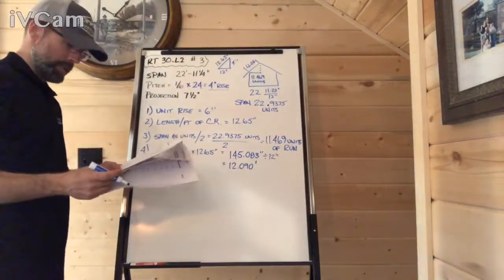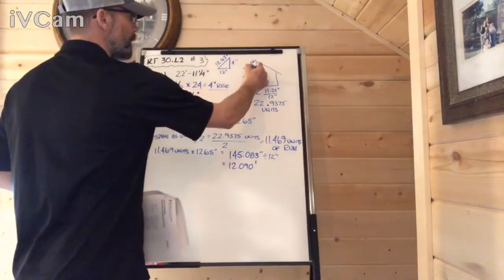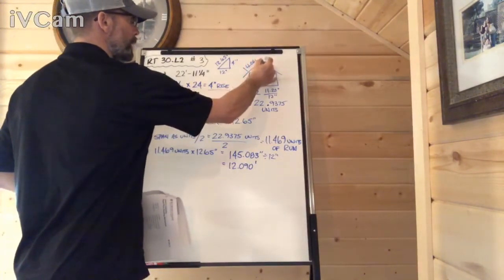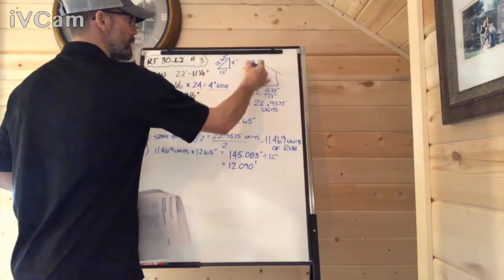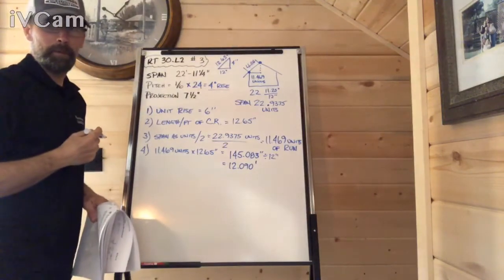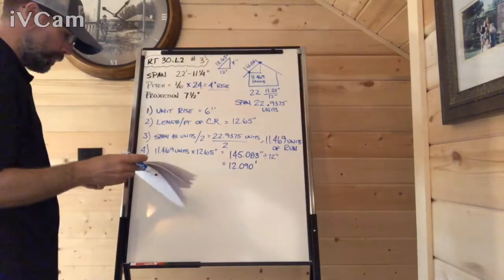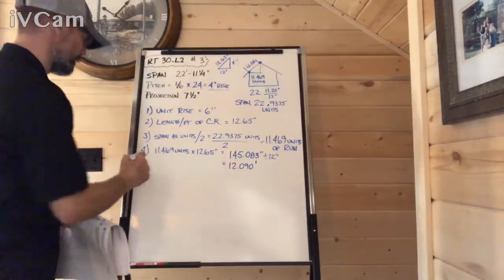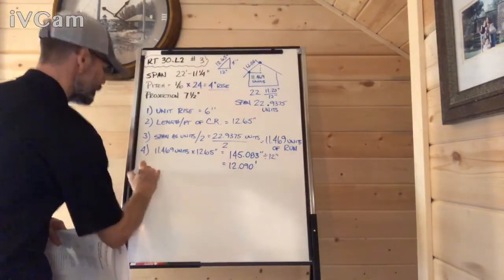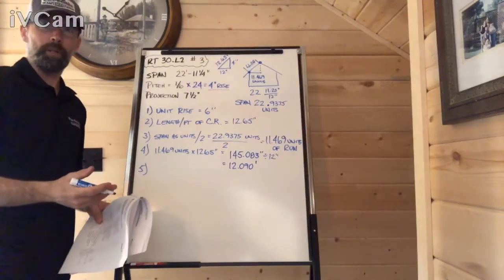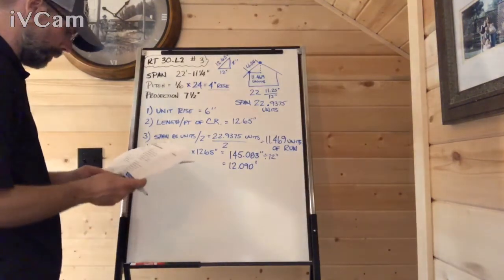That is my decimal length of my common rafter from this point here to the intersection of my wall plate. This is where our bird's mouth would be.